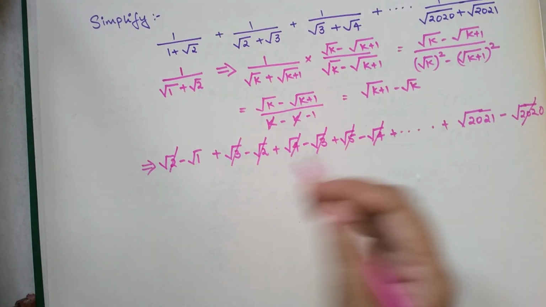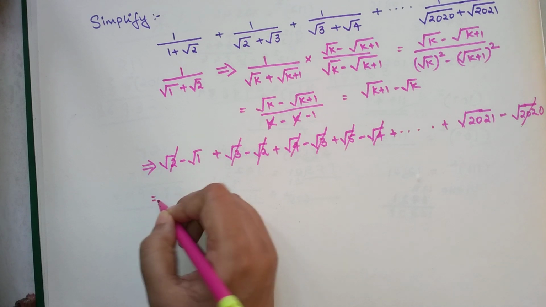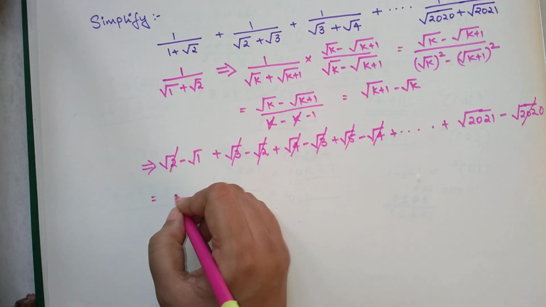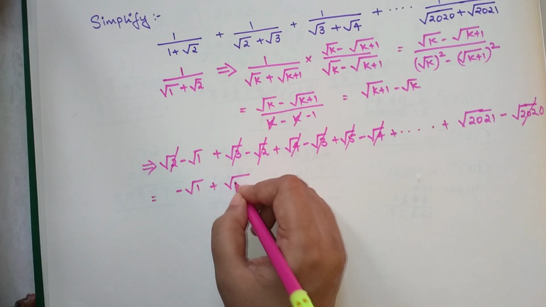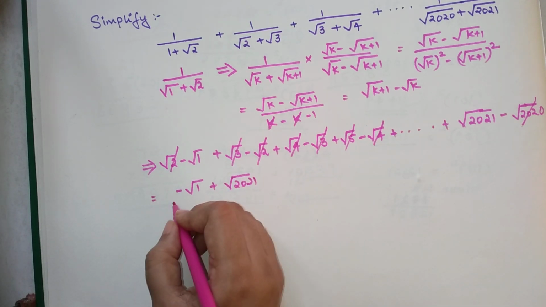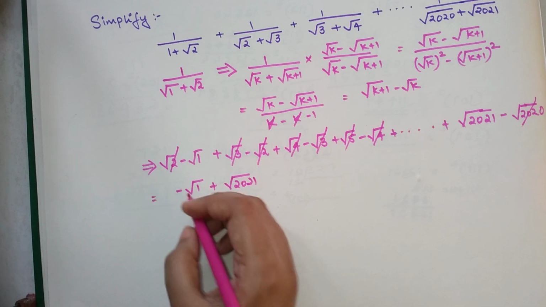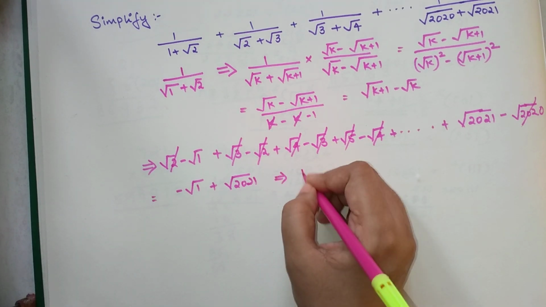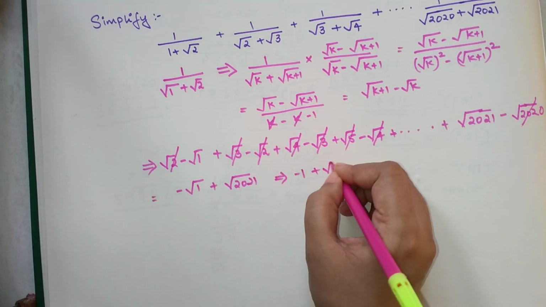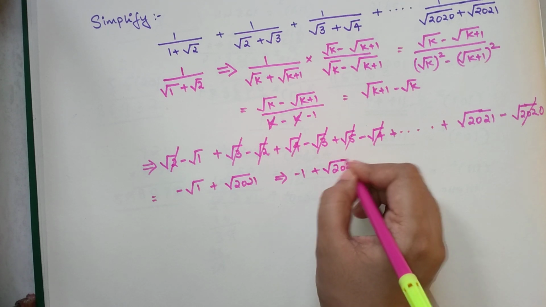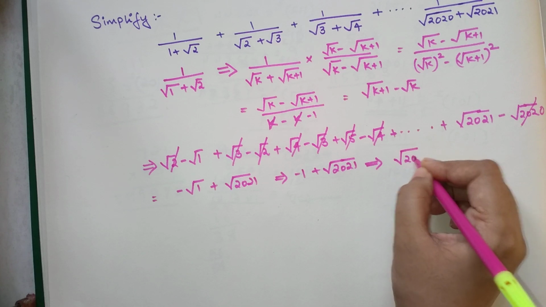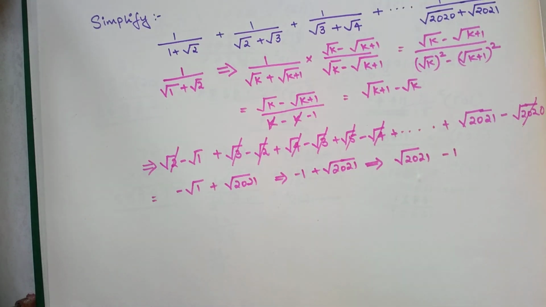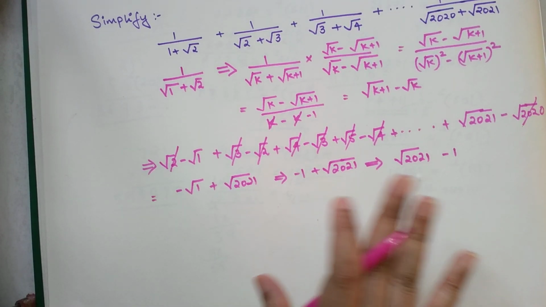So we are just left with negative root 1 plus root of 2021. Now root of 1 we know is nothing but 1, so negative 1 plus root of 2021 gives you root of 2021 minus 1. I hope this is very clear to everyone.